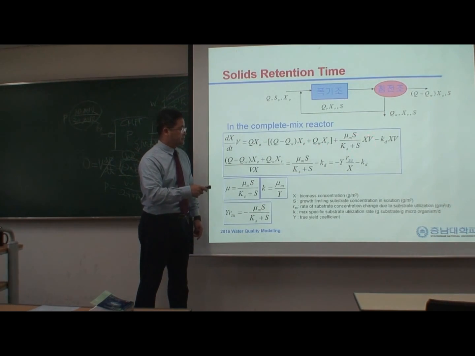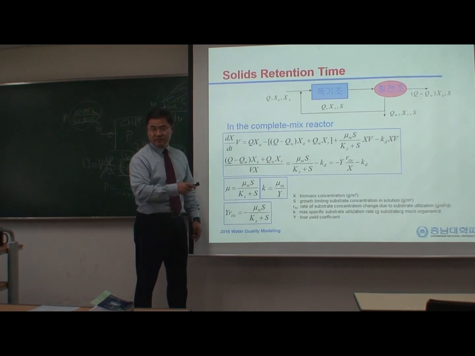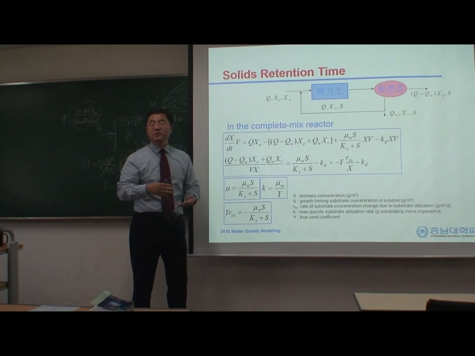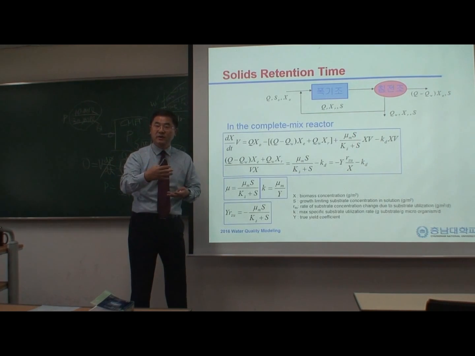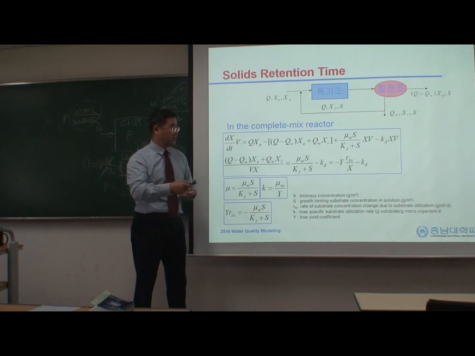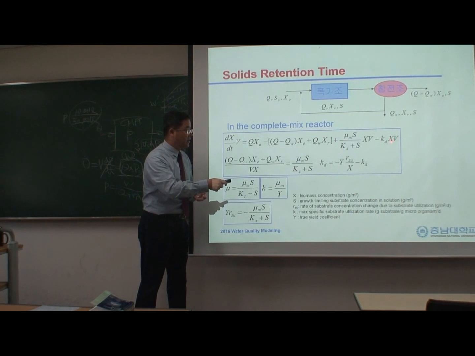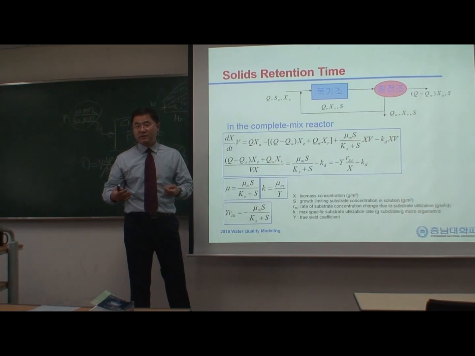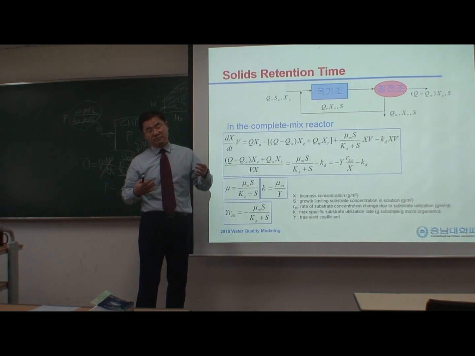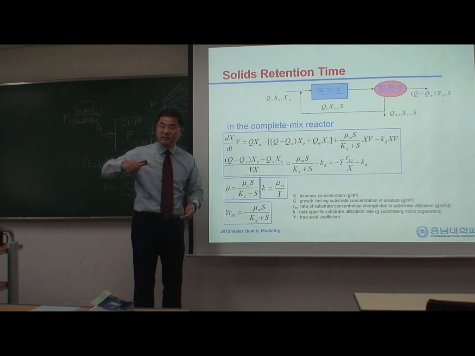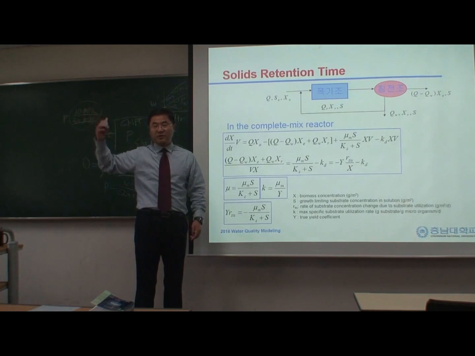And this is the growth term. Bacteria can grow, and S is what? S is BOD, and they eat food. In our case, we regard S, which is BOD, as the food. And this is K_d, decay, because they are biological entities and they grow old and then they die.